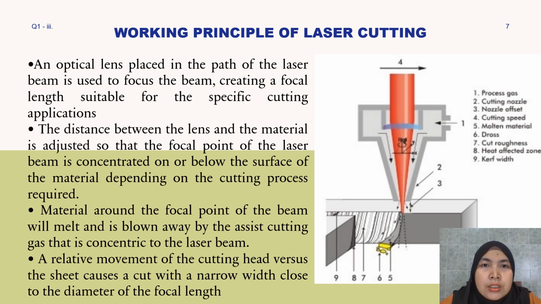As the material is melted and vaporized, a jet of gas, often an inert gas like nitrogen or oxygen, is usually employed to blow away the molten or vaporized material, leaving a cut or curve in the material.